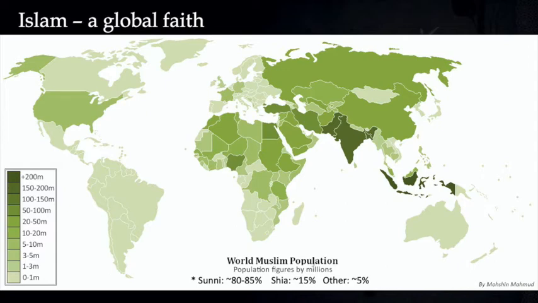Shia Islam is a majority religious tradition in only a handful of countries in the world, Iran notably, Iraq, and the island nation in the Persian Gulf, Bahrain. There are large concentrations of Shiite Muslims in Lebanon and in Syria. And then there's a breakdown of other more splinter groups of Muslims elsewhere in the world.